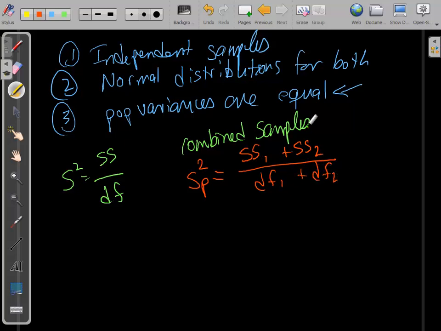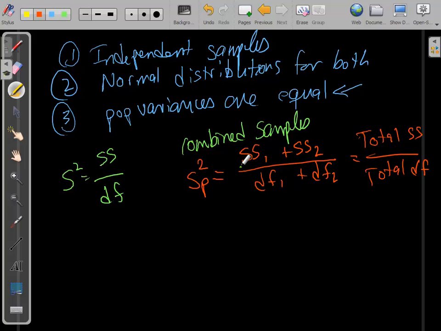And really this just means the total sum of squares divided by the total degrees of freedom. Okay, so it's the same measurement that we've been using for our estimated variance.